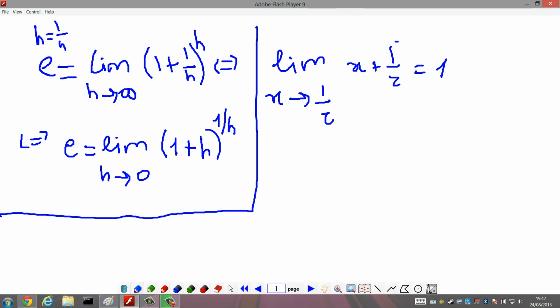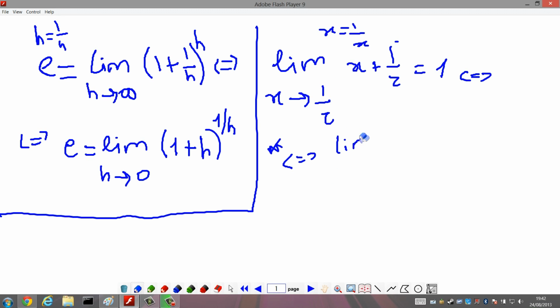Now, what we could say here is, we know this is equal to 1, but it's the exact same thing as saying, let x be equal to 1 over x. If instead of x we substituted 1 over x, we're saying that 1 over x approaches 1/2, which means x approaches 2, or the inverse of that.